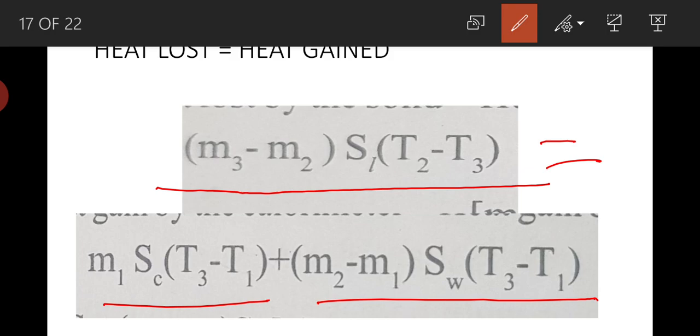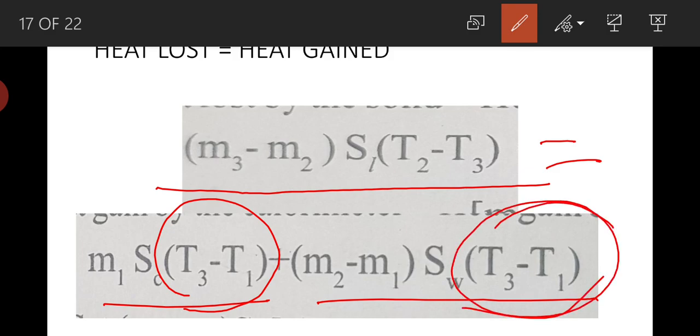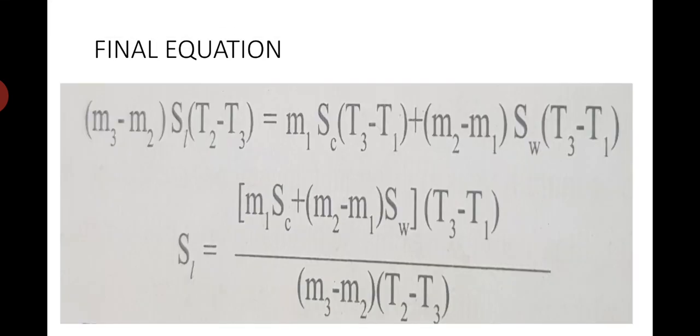Heat gained by calorimeter is m1 SC (T3 minus T1), plus heat gained by water is (m2 minus m1) SW (T3 minus T1). So here you can take T3 minus T1 common.